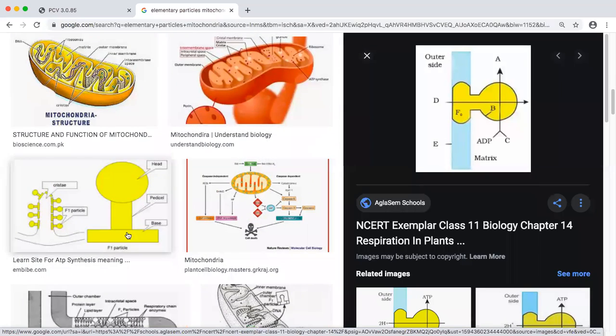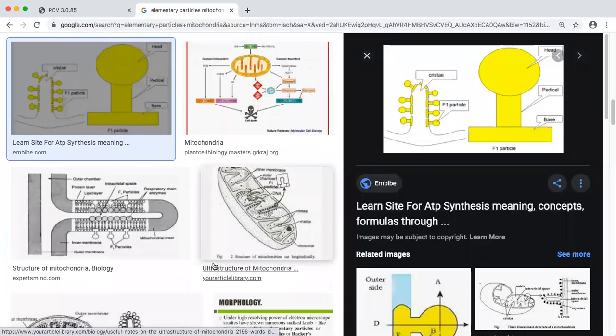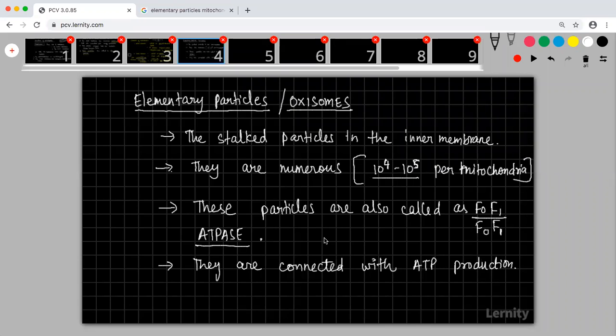So you have the base, you have a pedicel, and you have the head. The base is called as F0 and the head is called as F1. I mean this entire head and pedicel together, we call it as the F1. So since this F0, F1 is present and it is producing ATP, we call this as F0, F1 ATPase.